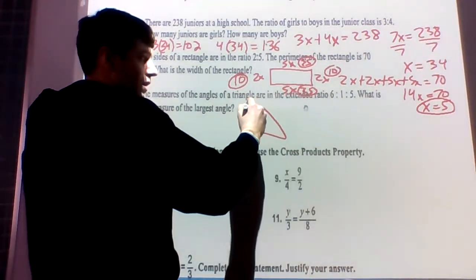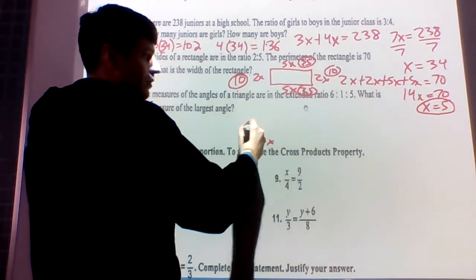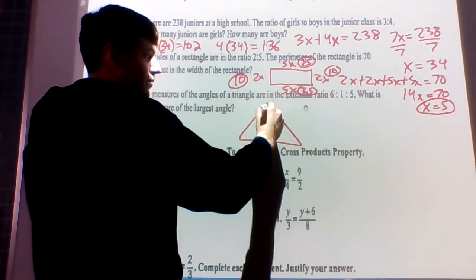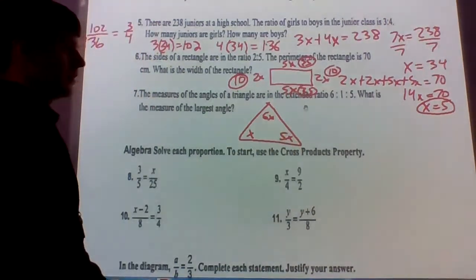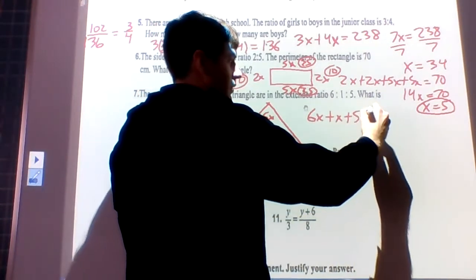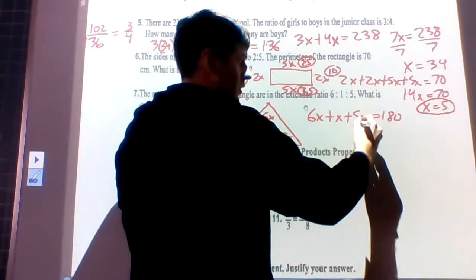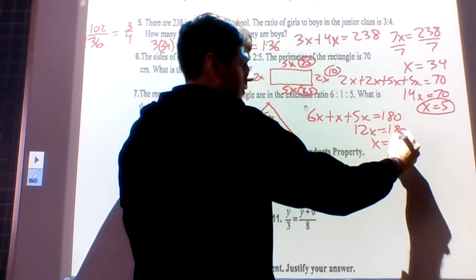So we're going to do 6x, x, and 5x. I'm sorry, they're not sides, they're angles. Right, so 6x plus x plus 5x is going to equal 180. That's 12x equals 180. So x is going to be 15.